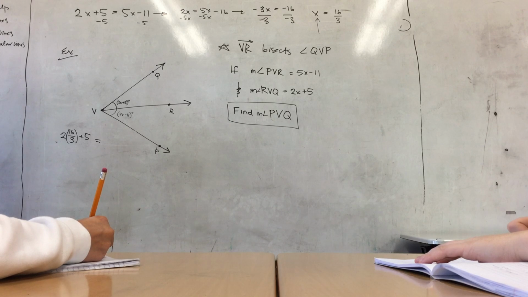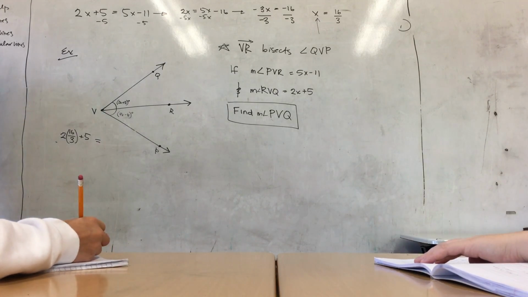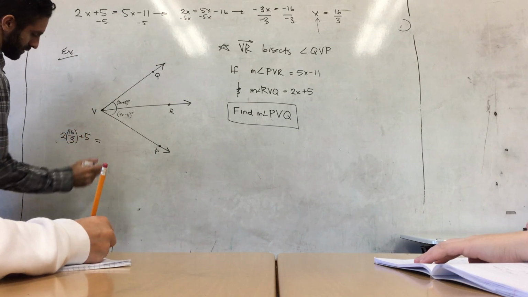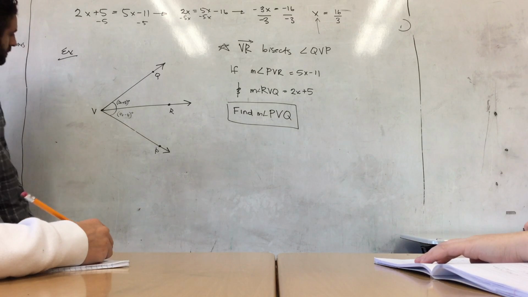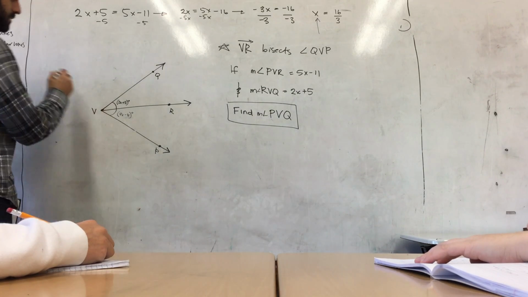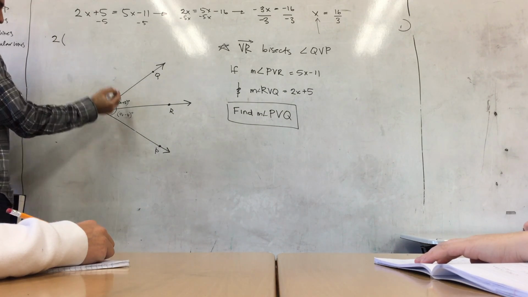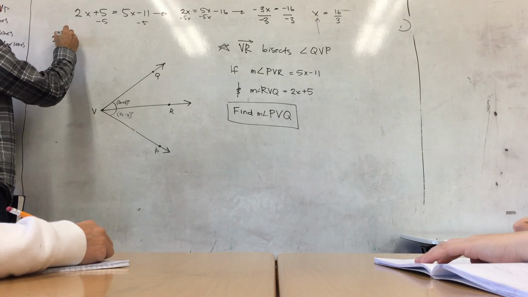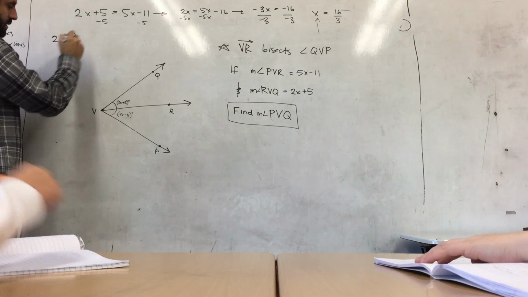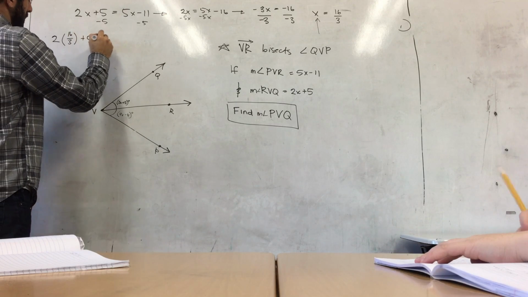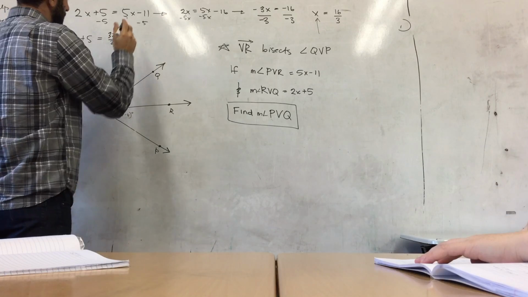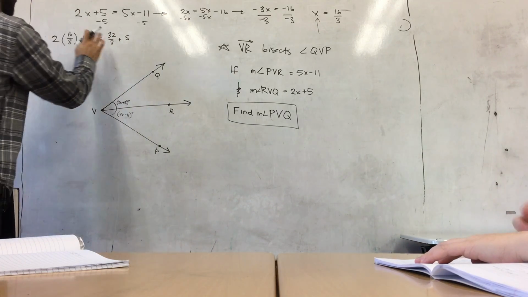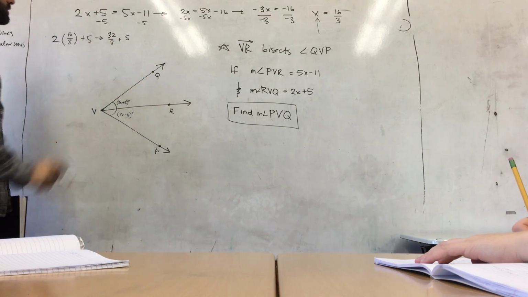Okay? This up here, there's more space. 2 times what we just solved for. Sorry, this is not equals. This should be an arrow. Okay?